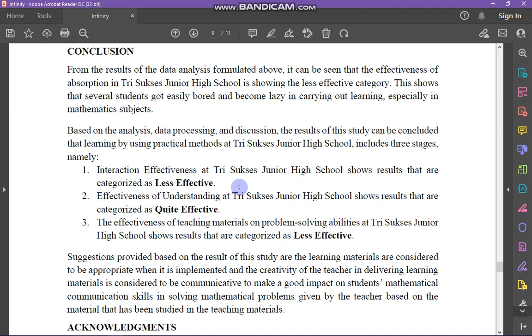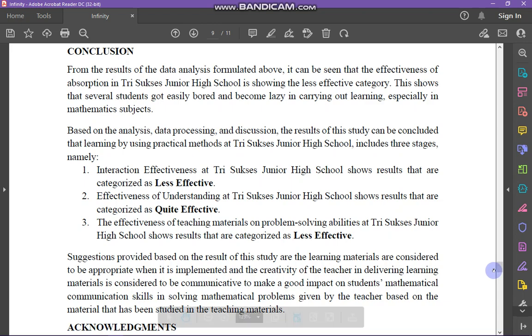The second, effectiveness of understanding at 3 Success Junior High School shows results that are categorized as quite effective. And the third, the effectiveness of teaching material on problem-solving abilities at 3 Success Junior High School shows results that are categorized as less effective.